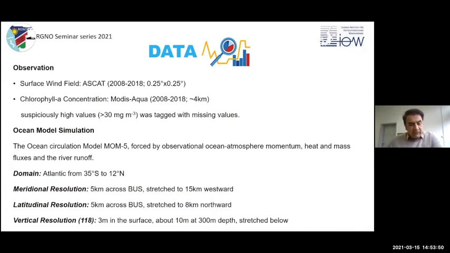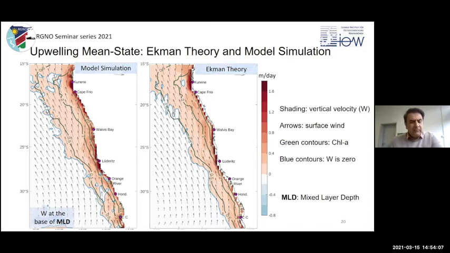The resolution of this model is high enough to capture mesoscale and partly some submesoscale dynamics, breaking of internal waves, and so on. The mean state, or long-term mean, of upwelling in the Benguela upwelling system is shown in this figure.